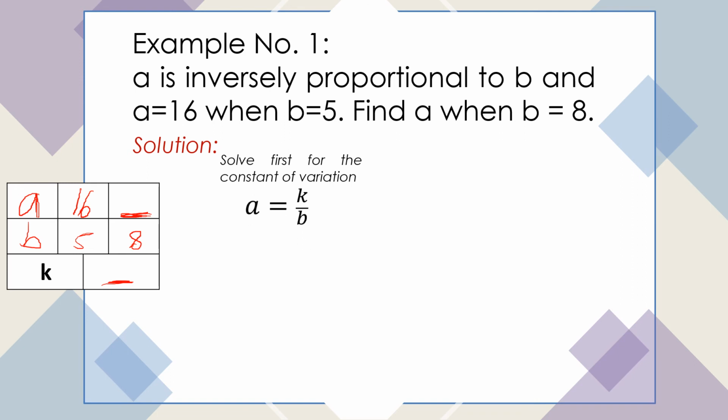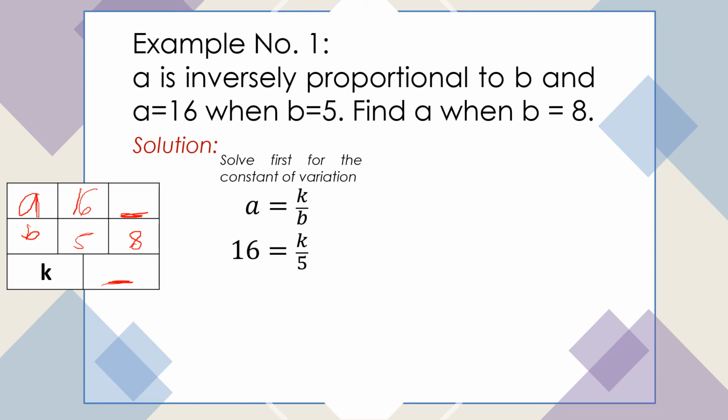A is inversely proportional to B, we have A equals K over B. Since inverse, nasa taas yung constant, nasa baba yung ating another variable. Then, substitute natin tong 16 at 5 dito. Kaya siya magiging 16 equals K over 5.